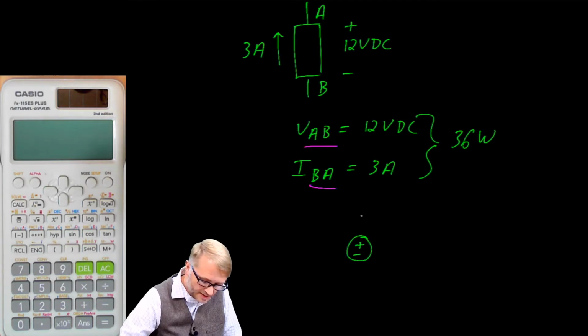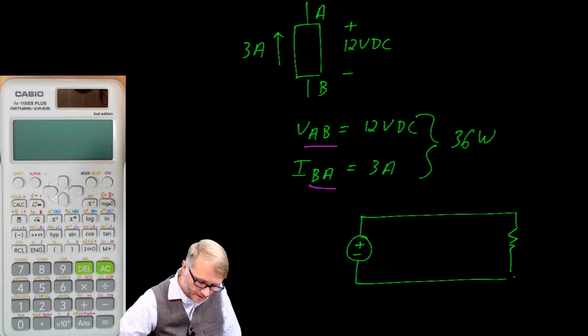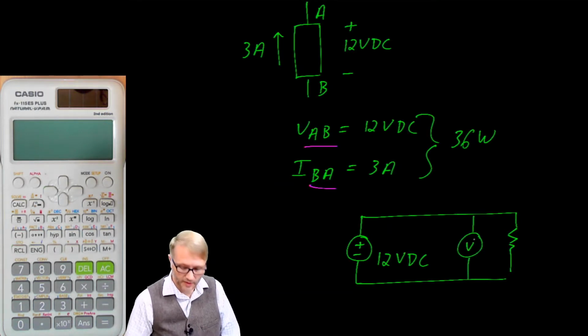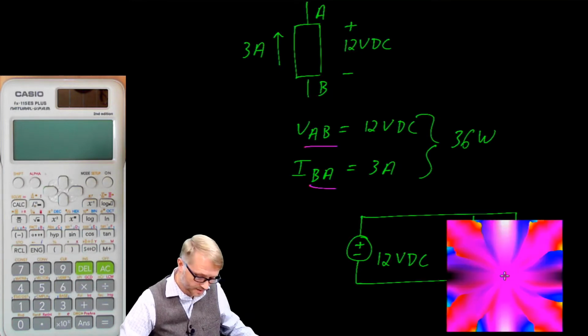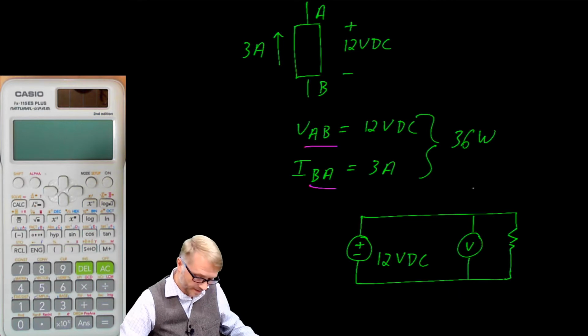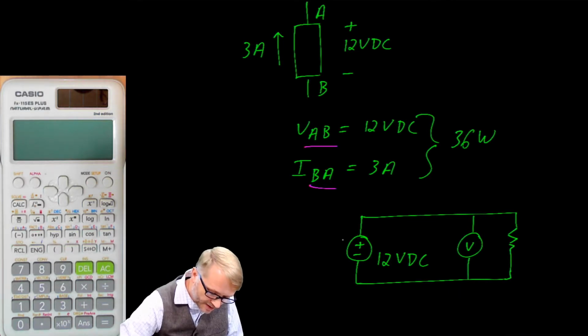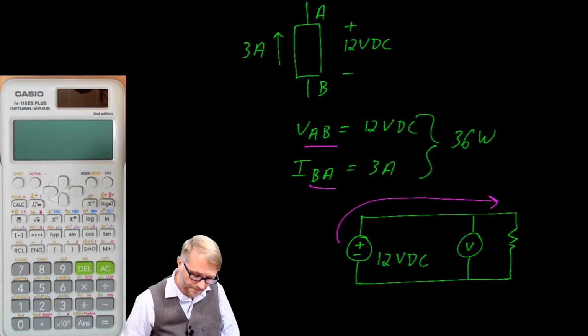If we had a power supply powering a resistor, and we said the supply was 12 volts DC, a voltmeter would read 12 volts DC. A current would flow in the circuit like so.